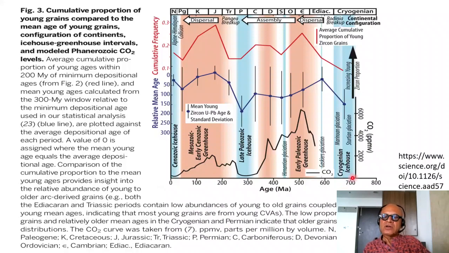And the earlier cryogenic icehouses in the Marinoan and Sturtian are not directly interpreted here in terms of the CO2 levels, because the zircon proportion and so on don't allow us to relate the CO2 levels to these glaciations. Some uncertainty remains.